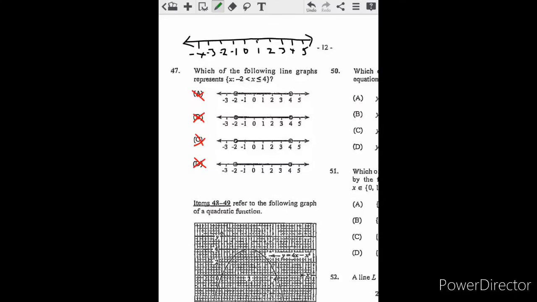So if it's greater than negative 2, then it has to start from negative 1. And it says x is less than or equal to 4, so therefore it starts at 4 because it says it's equal. So it goes from negative 1 to 4, and that would have been our answer.